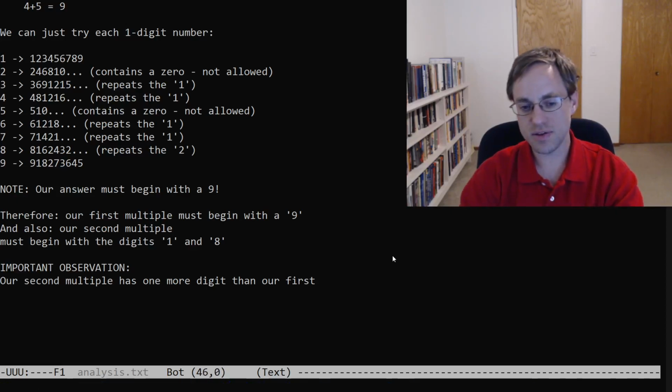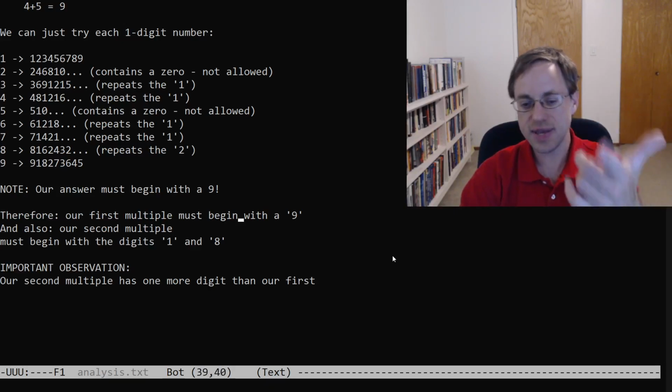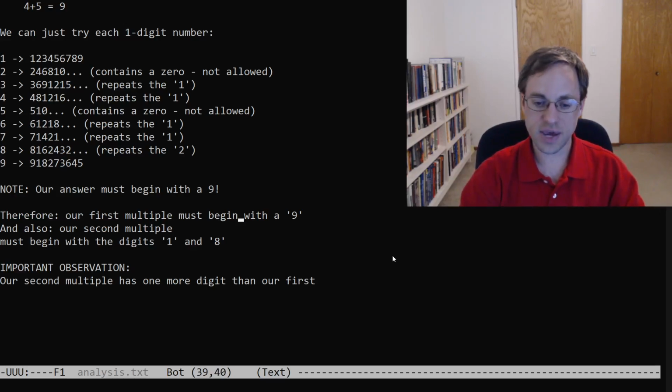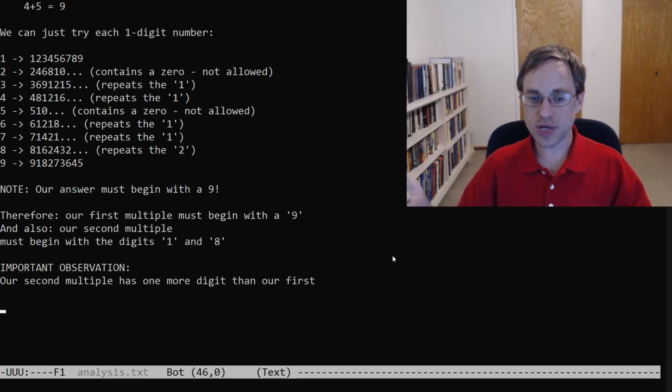And that's just because by doubling our first multiple, that 9 carries over and adds an extra digit in the second multiple. But this is important because it actually eliminates most of the remaining possibilities.